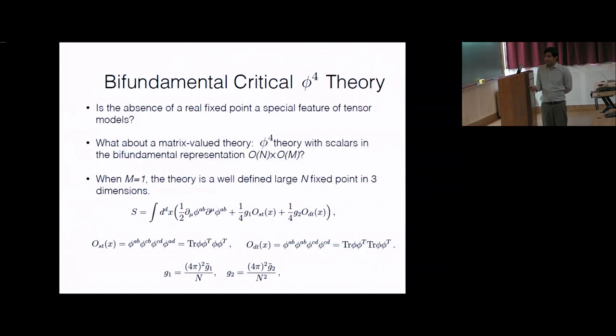And there's a natural large N scaling where the single trace coupling goes as G1 N is G1 tilde and G2 N squared is G2 tilde squared. This is the natural 't Hooft limit for such a model.